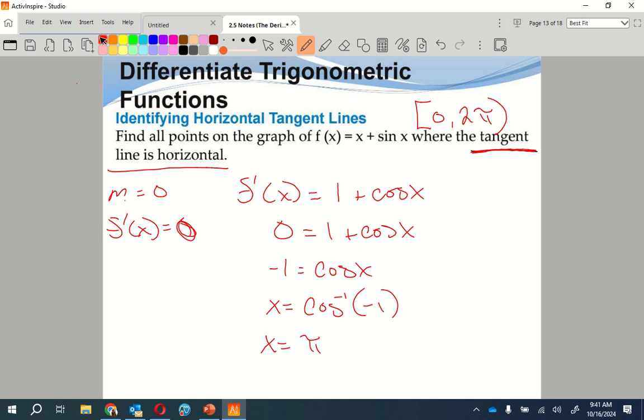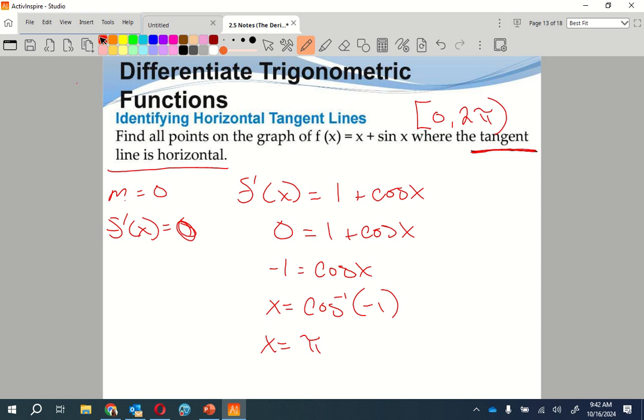My bracket means that I can include 0, and it goes to 2 pi. In between that interval, I only have one location for it to happen.